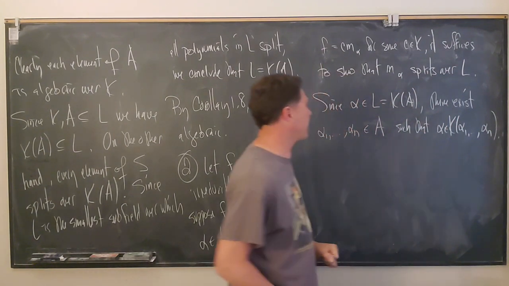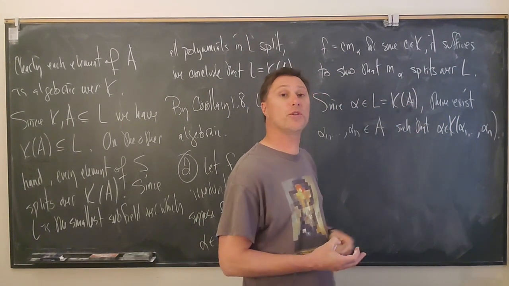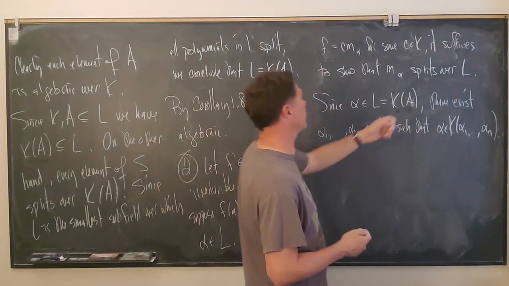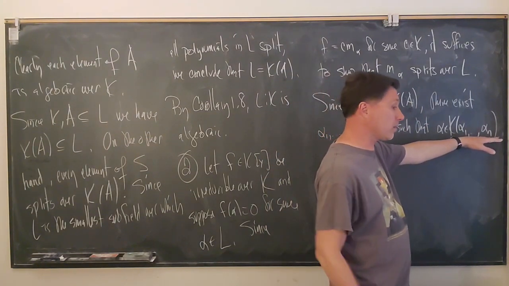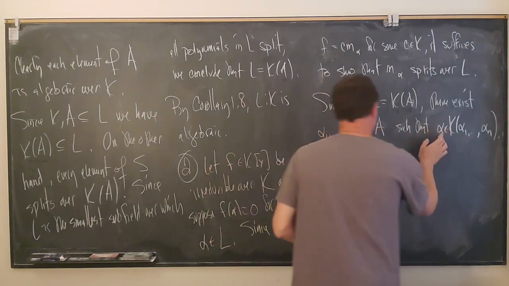So what's happening here? Every element of K adjoin A can be produced using a finite number of operations involving elements of K and A, which means that all we need is a finite number of alphas, elements of capital A, to produce this one particular alpha.